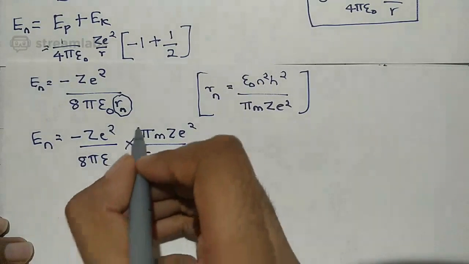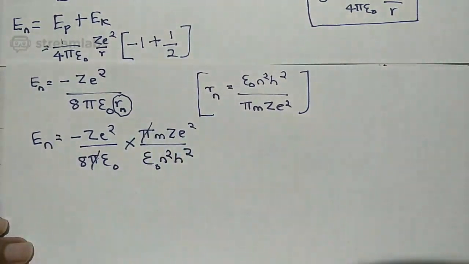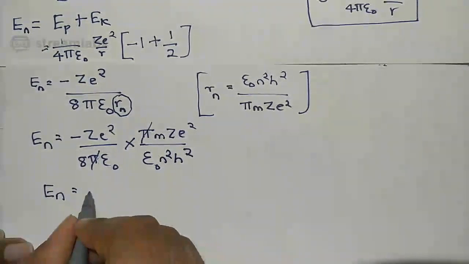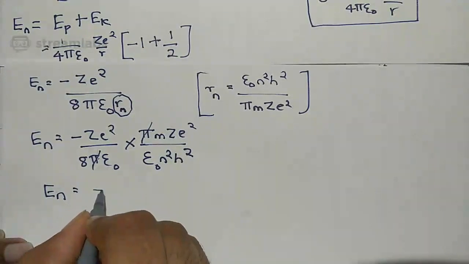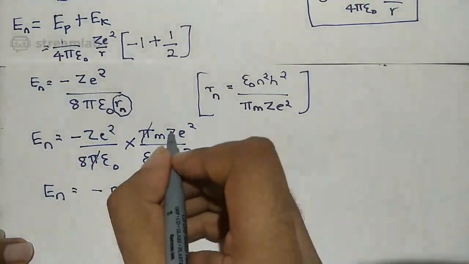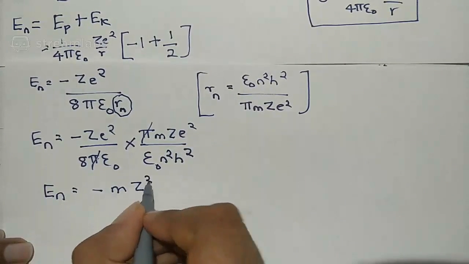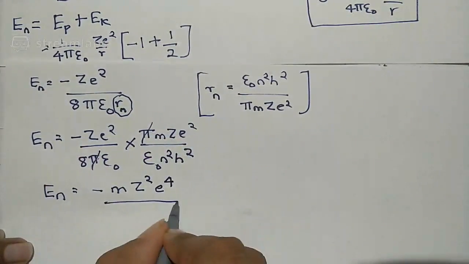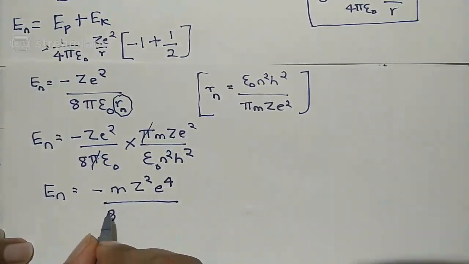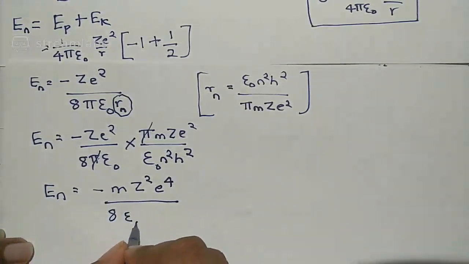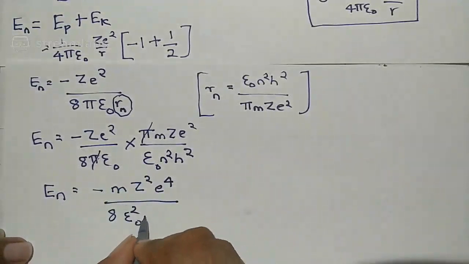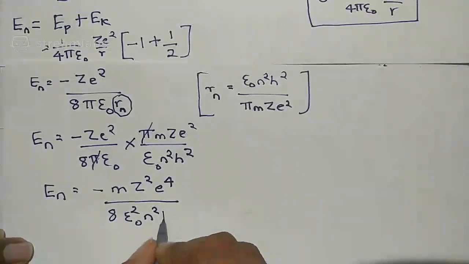Which terms cancel? Pi and pi cancel. So the remaining total energy En equals minus m into Z square, e square into e square becomes e to the power 4, divided by 8 epsilon naught square, n square, h square.